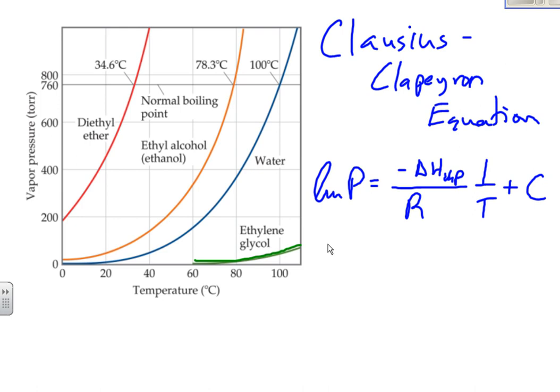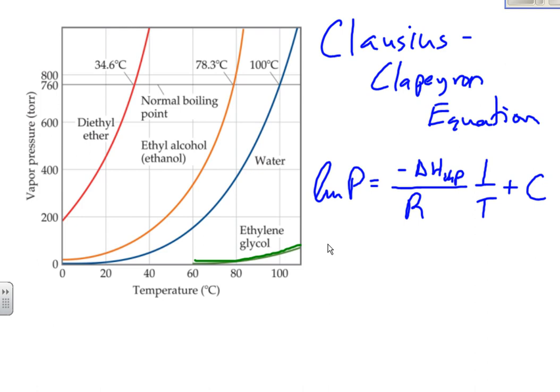It turns out that taking data for these things, they found that the natural log of the pressure is equal to the negative heat of vaporization, so there's that energy relationship between going from gas to liquid, divided by R times 1 over T plus a constant. That ends up giving us a relationship between that vapor pressure and the heat of vaporization and temperature.